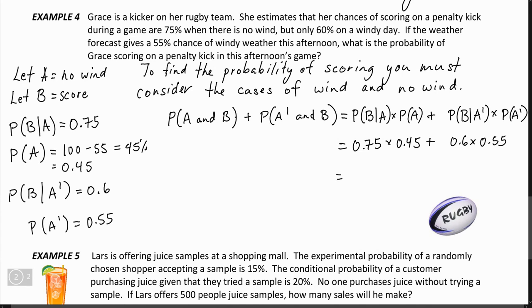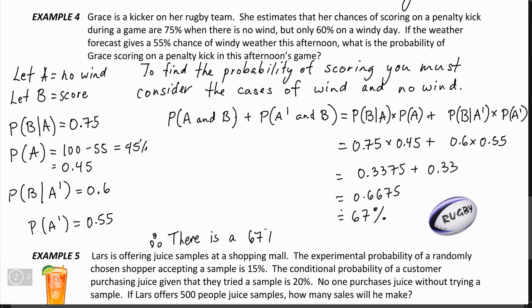If I multiply those values, I'll get 0.3375 plus 0.33, which is equal to 0.6675, and that's approximately equal to 67%. So we can say overall, therefore, there is a 67% chance that Grace will score.